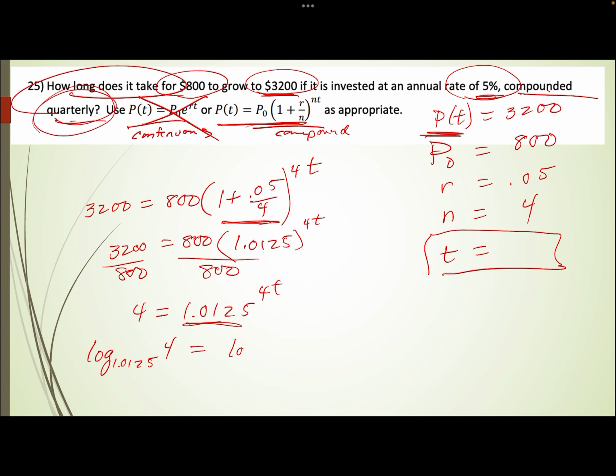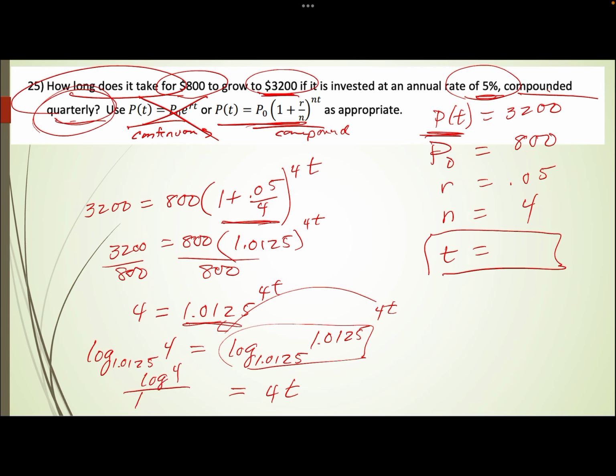And then when I do this side, remember what happens: the 4T comes to the front and this goes to 1. So now I just have 4T over here. On this side, I use change of base. Remember, the base of the log goes on the bottom.